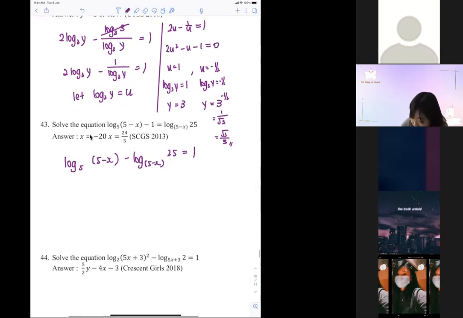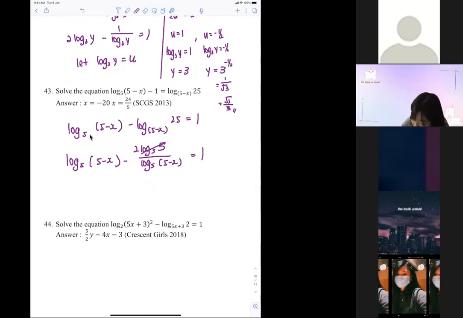Okay, we make the base the same, so maybe I change to log base 5. So log 5 over log 5, 25 on top, 25 is 5 square, 5 minus x below. Can you see again? You get 1 on top, 1 below.